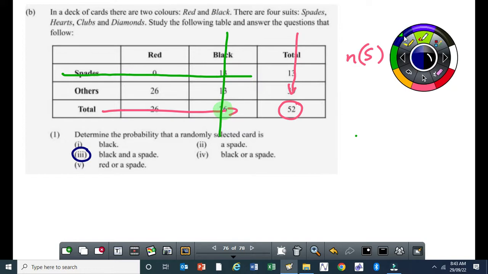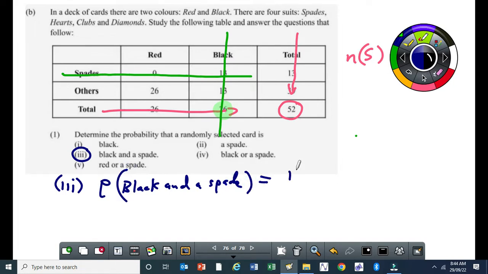So the probability of number 2 and number 3 is going to be the same. For number 3, P(black and spade) will be 13 over 52, which is a quarter.